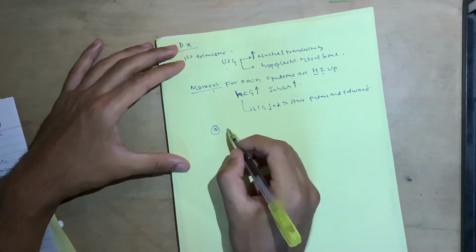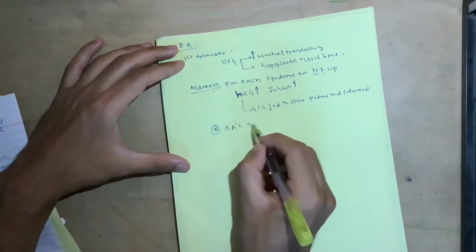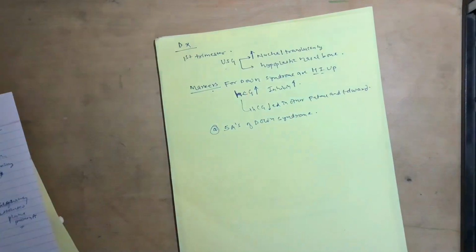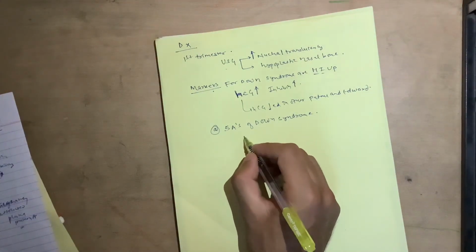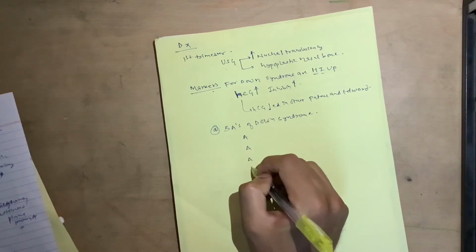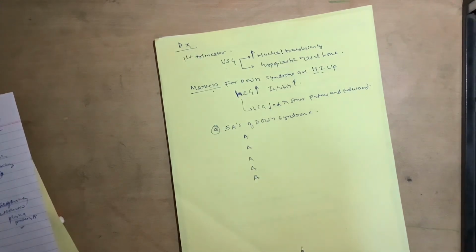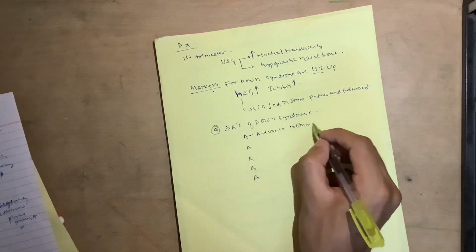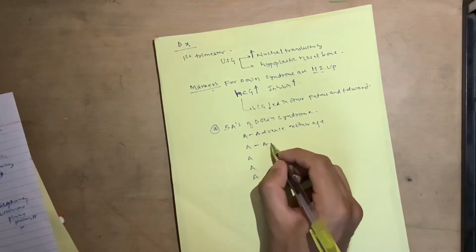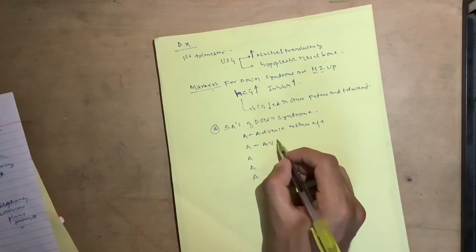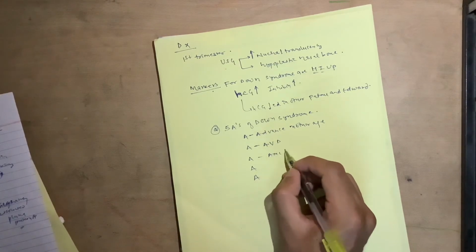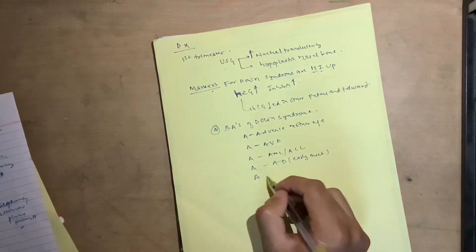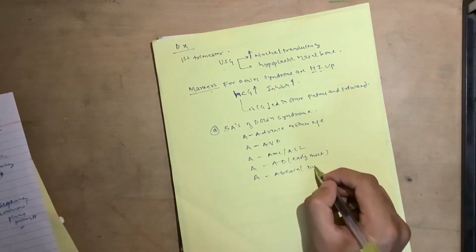Normally there is a mnemonic, that is the 5 A's of Down syndrome. I would like to enlist them and conclude this video. There is advanced maternal age, atrioventricular defect, AML or ALL, Alzheimer disease early onset, and atresia, that is duodenal atresia.